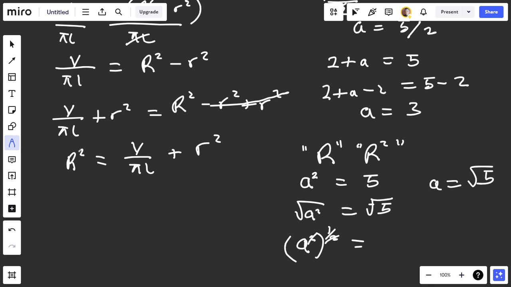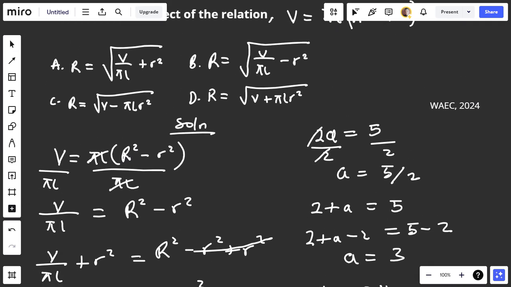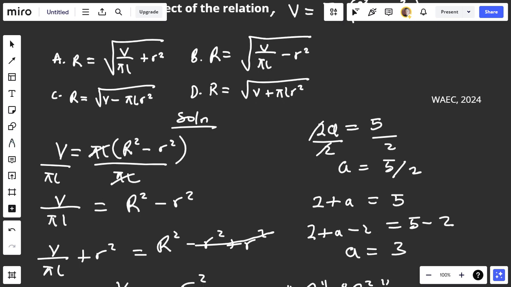So if we move this square to the other side, it becomes the square root of everything on the right hand side. So R equals the square root of V over pi L plus r squared. Which option does that tally with? That is option A. So the correct answer is A.